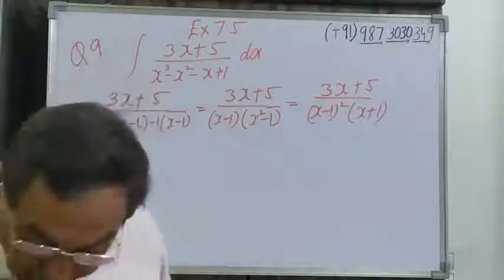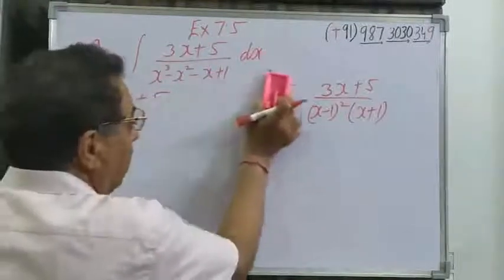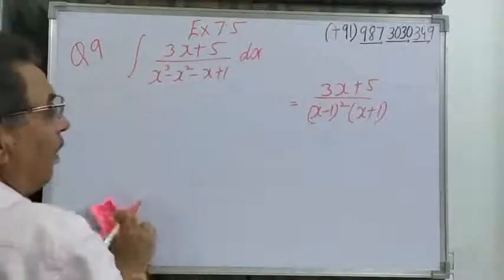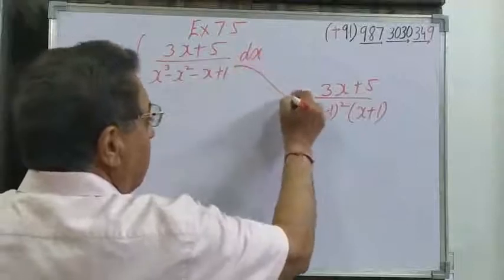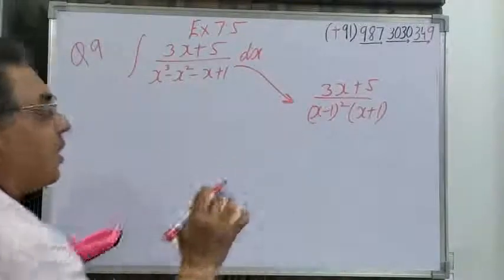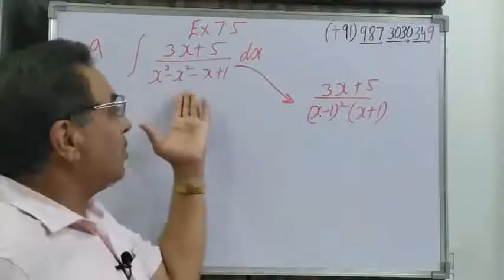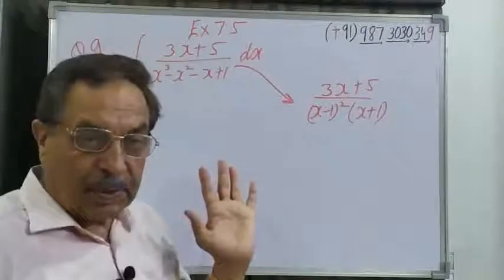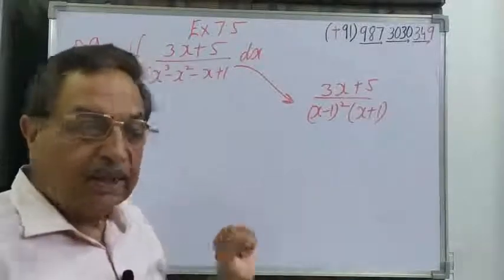How to resolve such a quotient into partial fractions? First of all you should understand that this quotient has not been changed; the simplified form is this one, which is ready to be resolved into partial fractions.